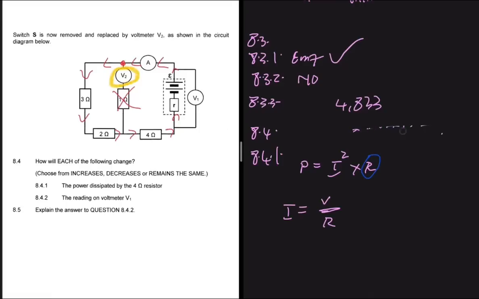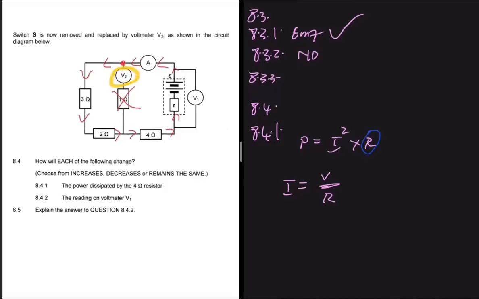So we can see that the resistance has increased. If the resistance has increased, then the current has gone down, right? So the power dissipated here should have decreased, because initially we had a greater current, but now the current has gone down. So here let's have decreases, right?